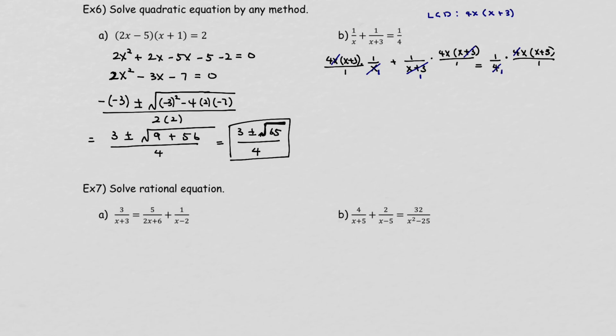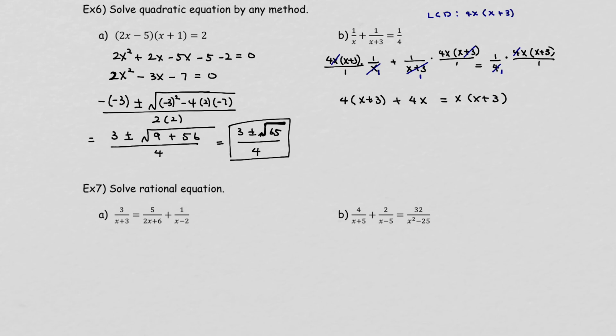So no more denominators, right? What's left over? I have 4 times x plus 3 times 1. And then I have 4x times 1. And then I have 1 times x plus 3 remains.